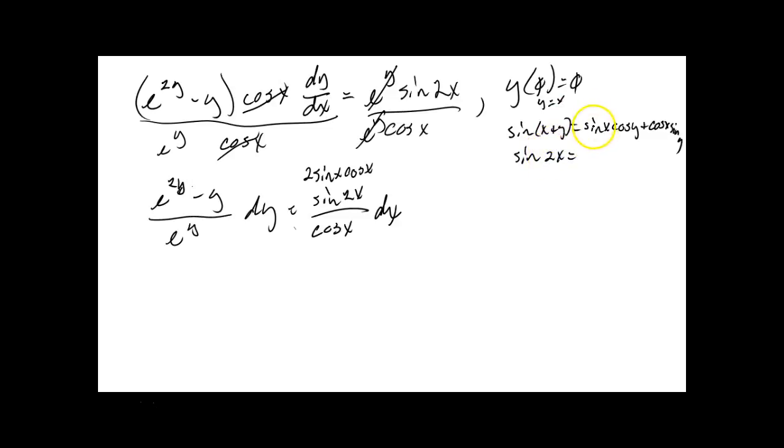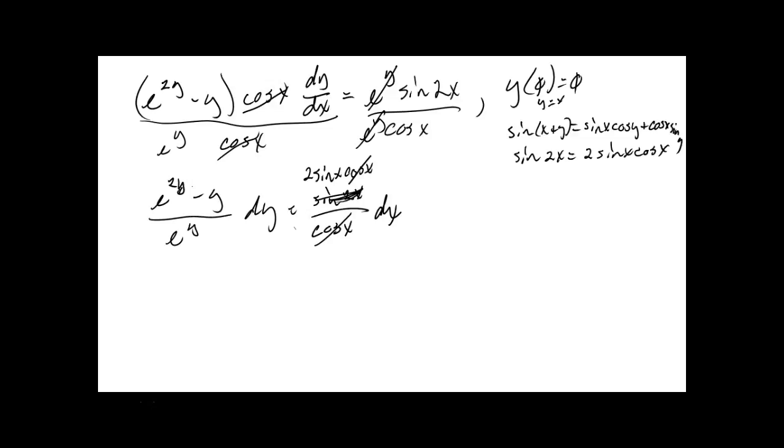And this would be sine x cosine x plus cosine x sine x, that's 2 sine x cosine x. Okay? So that I'm pretty sure is what it is. Now your cosines go away, and that's a whole lot nicer.